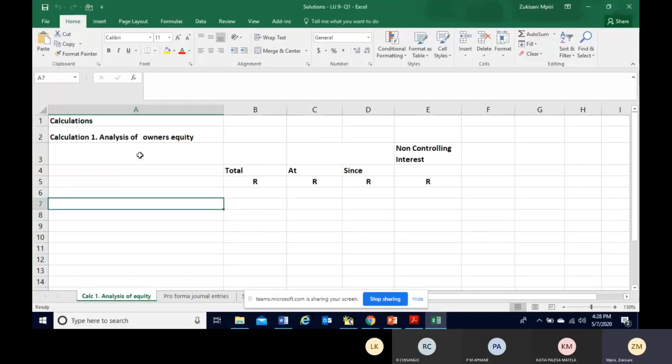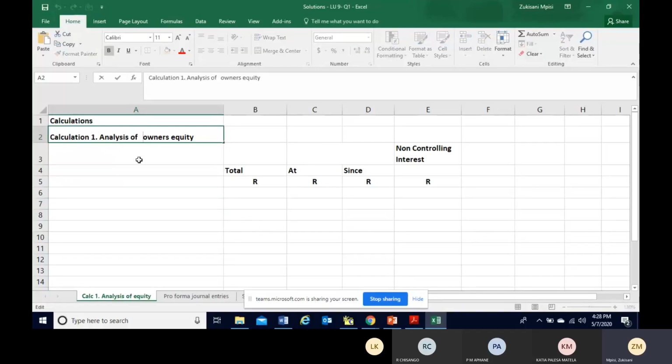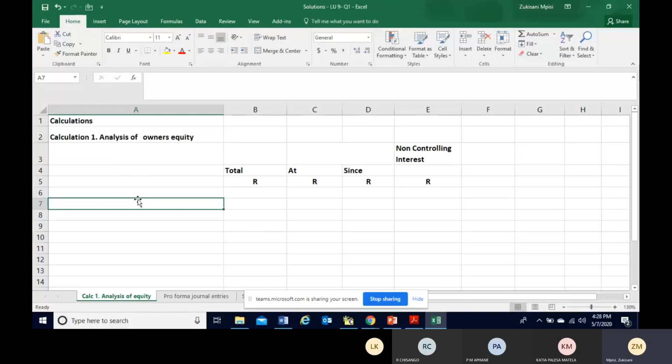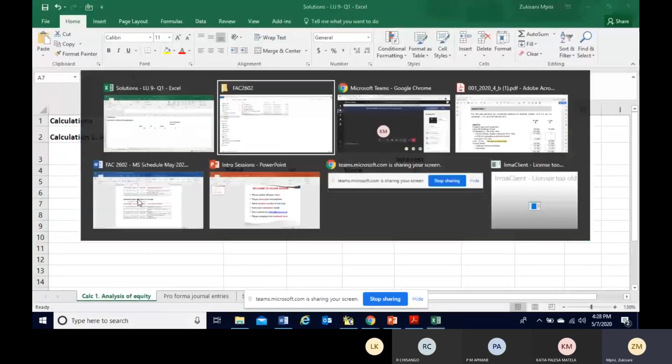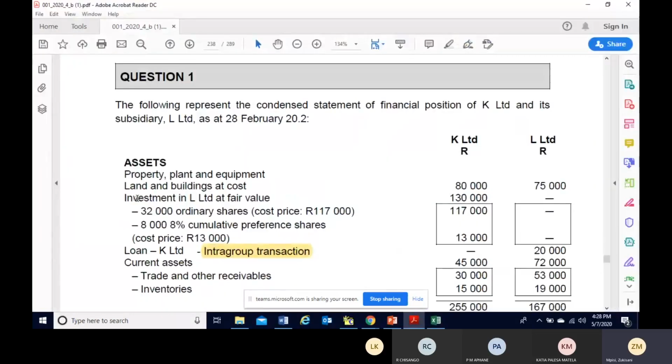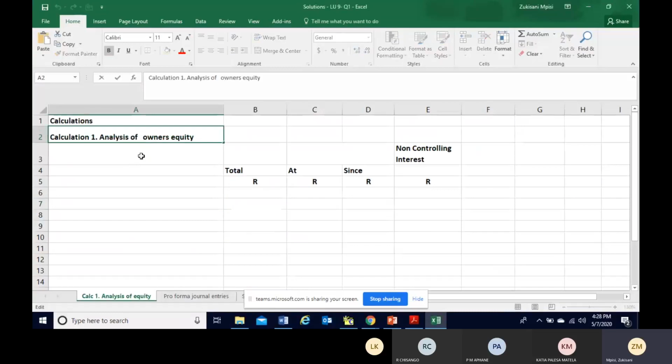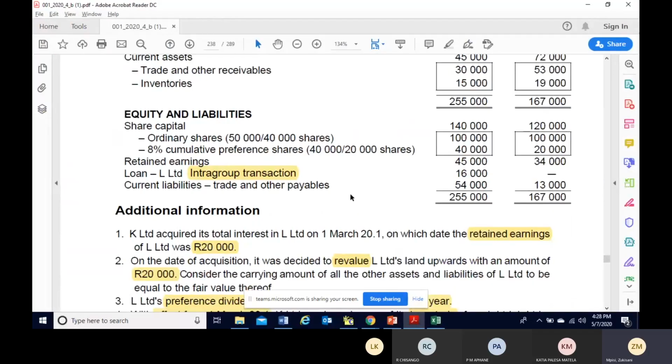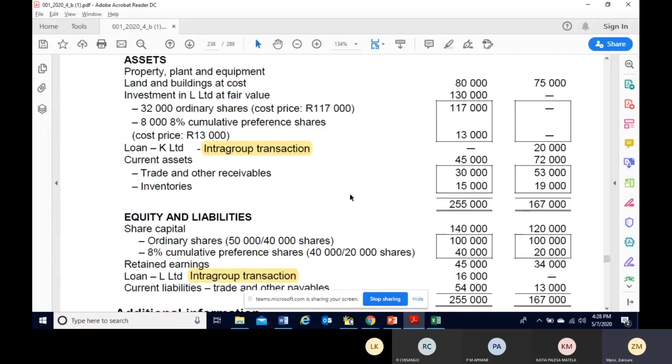The first thing that you are told is you must always do an analysis. So we'll have analysis as per the question. We are doing analysis for LLTD, who is a subsidiary. We are told that we own how many shares? We must still calculate the shares.